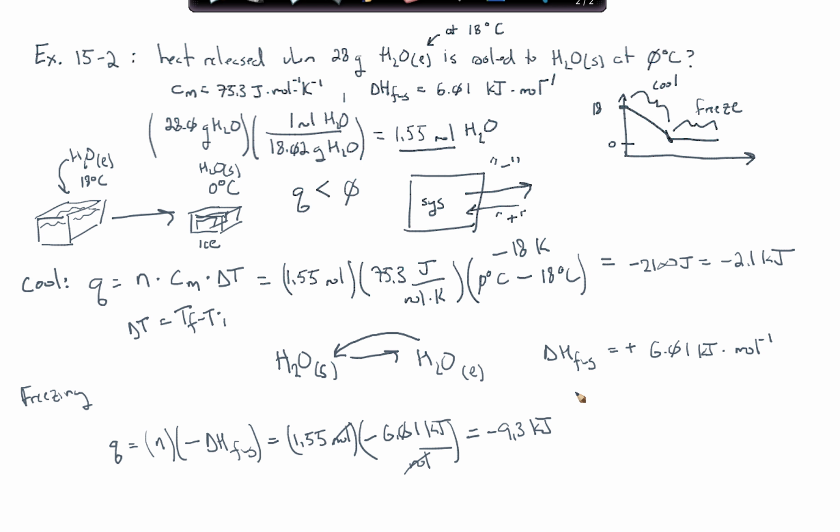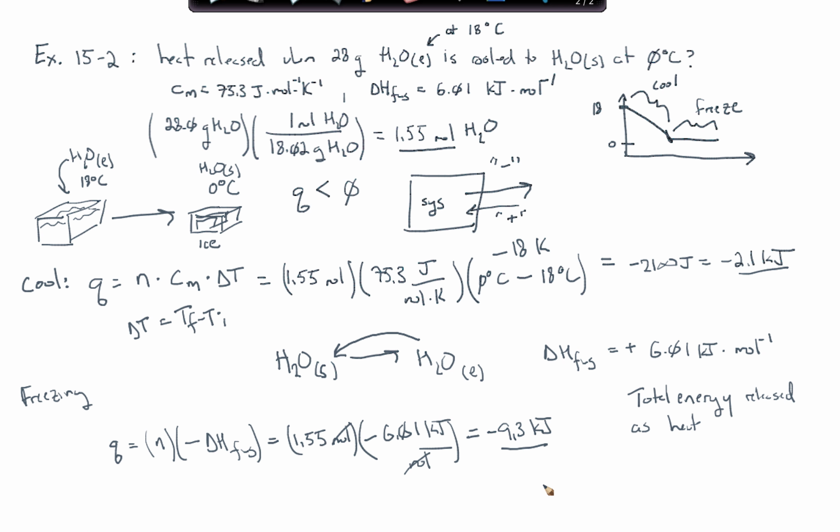Therefore, the total energy released as heat is the minus 2.1 kilojoules required to cool the water, and the minus 9.3 kilojoules required to form the ice.